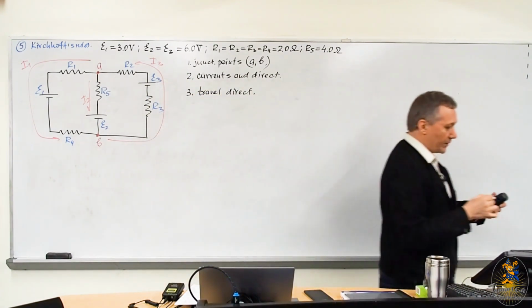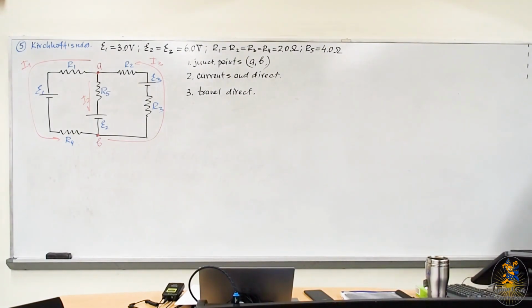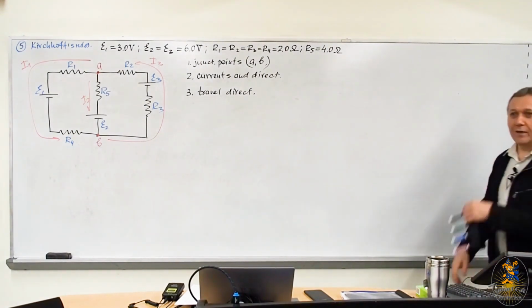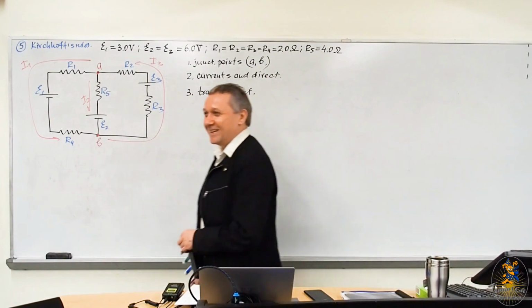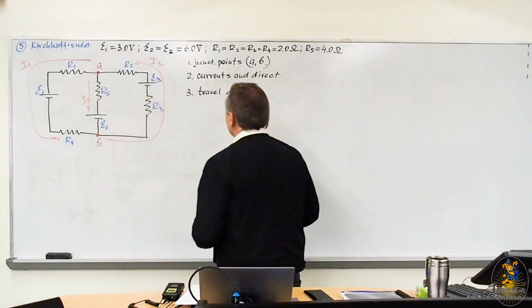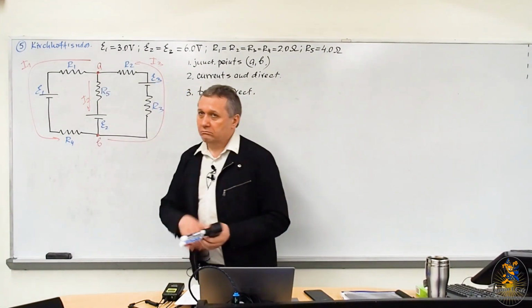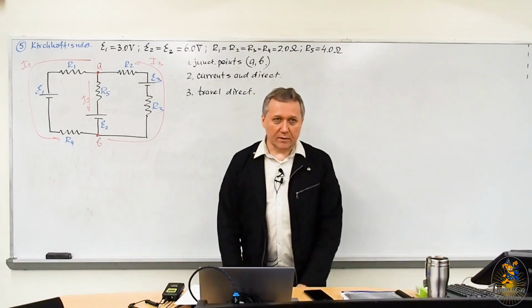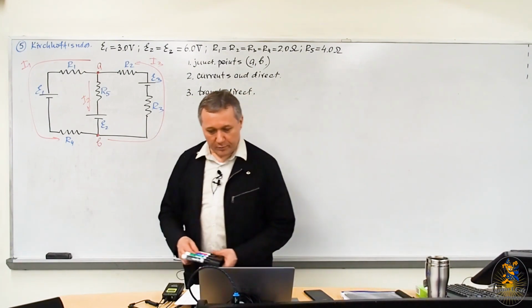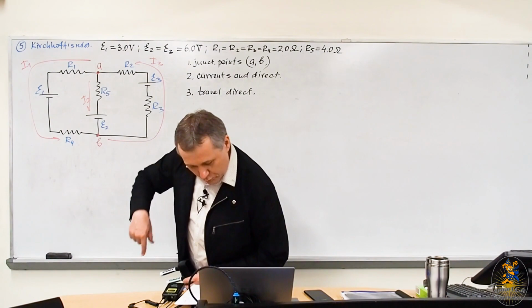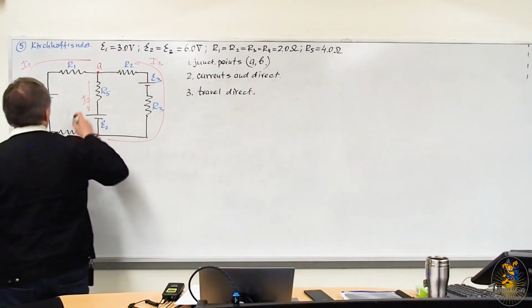It's sort of like preparing ingredients for cooking. And then once you start cooking, you just drop ingredients into the same pot in the correct order. So travel directions, again, clockwise, counterclockwise, doesn't matter, but you need to pick a direction and stay with that direction. I picked counterclockwise.